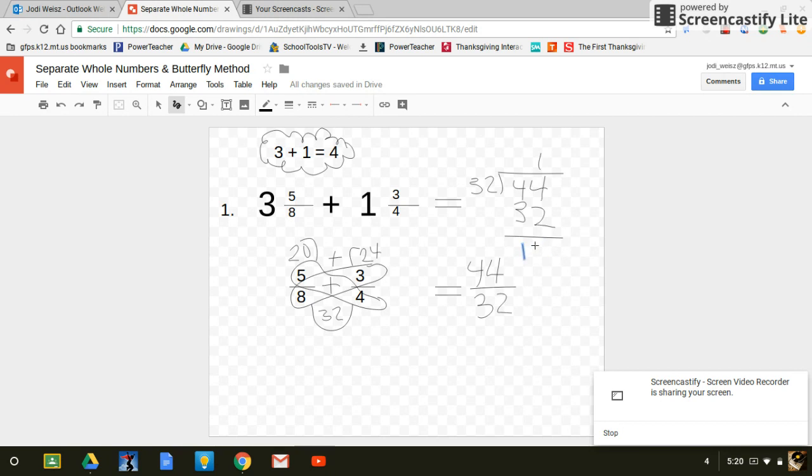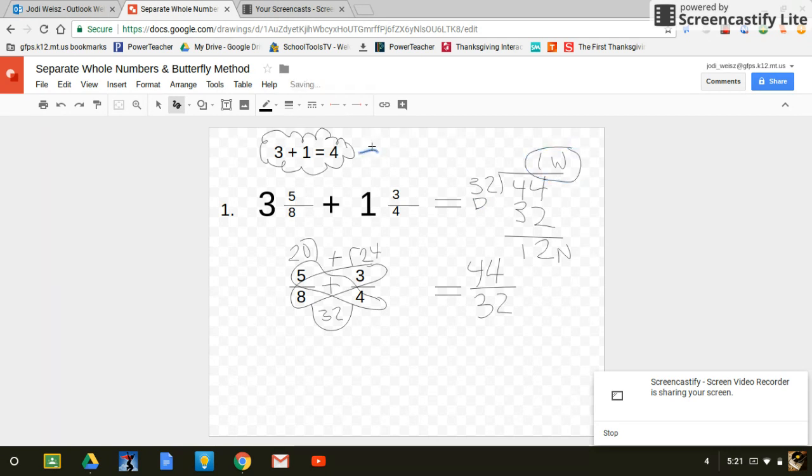So my whole number is my quotient right up here. So I'm going to write a W right there. My remainder of 12 is also going to be my numerator. And then 32 was my denominator, so it's going to stay as my denominator. Well, first of all, I'm going to take that whole number and I'm going to add that to my whole number up here.